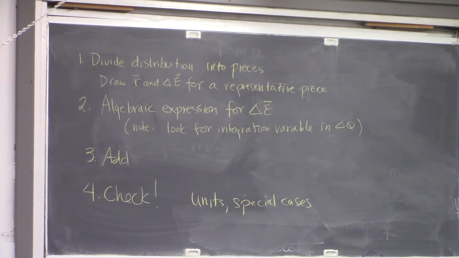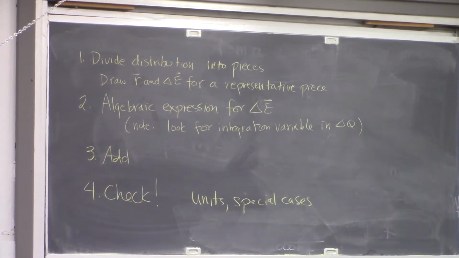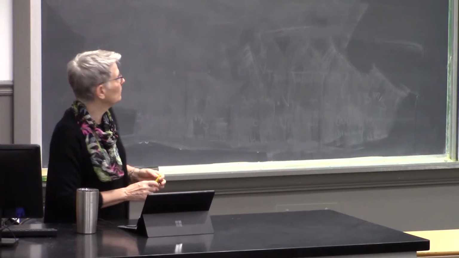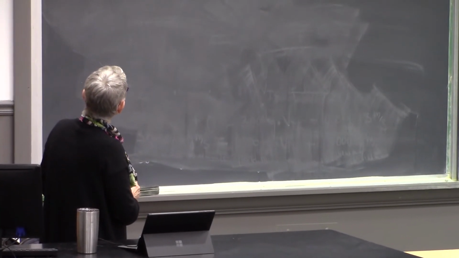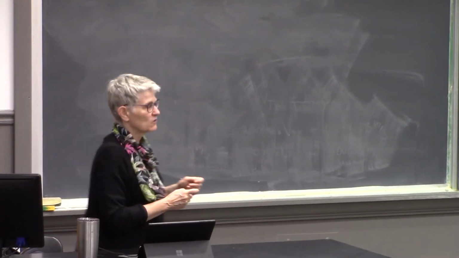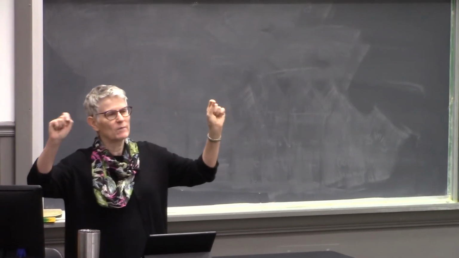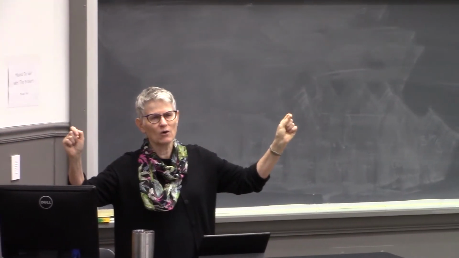We may have to do it numerically with a computer, but this is always what we do to add up the contribution. So we divide the object into small pieces whose field we know, and we'll see that that's usually a point charge, but it doesn't have to be.